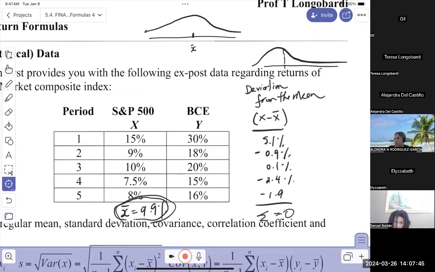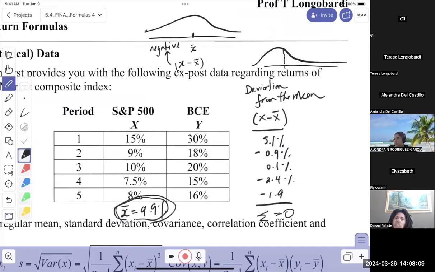As a result, the deviation from the mean, which is calculated as x minus x bar, takes each value over here and subtracts the mean. So all deviations from the mean will be negative on this side. All the values below x bar will be negative deviations from the mean.